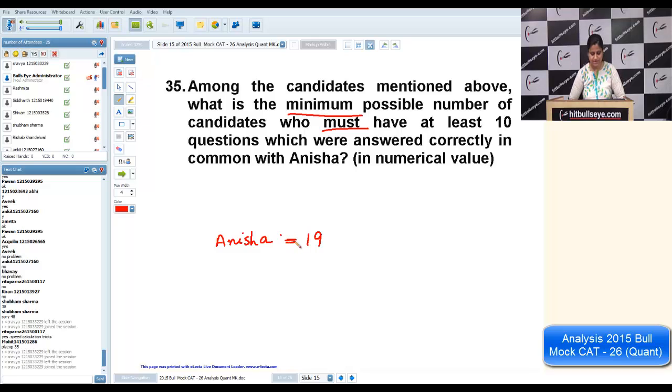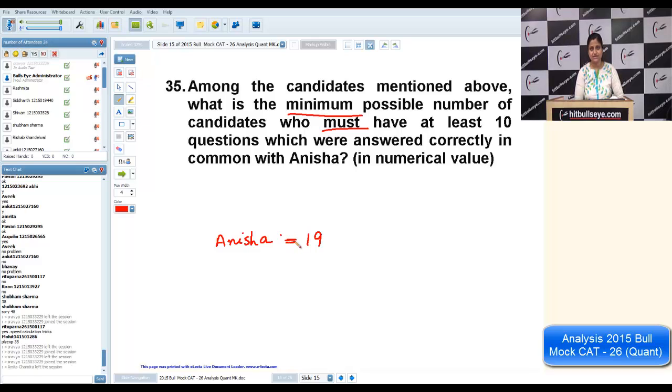It means Anisha has attempted 19 questions correctly in the VA section. If I take data for any other student, what is the question? What is the minimum possible number of candidates? We will try to minimize the number of candidates who must have at least 10 questions answered correctly in common with Anisha.